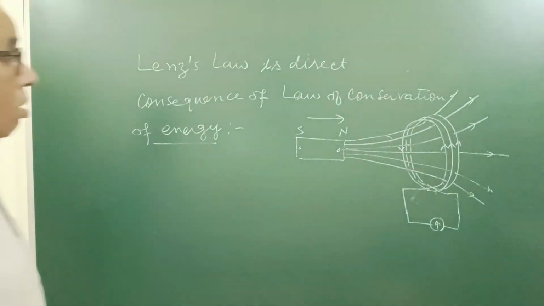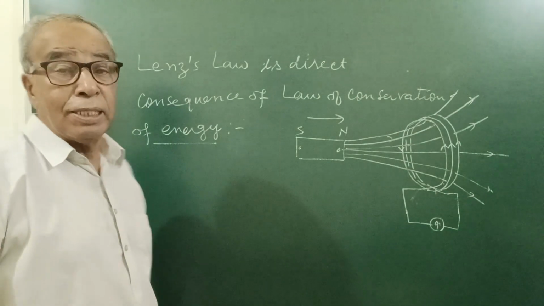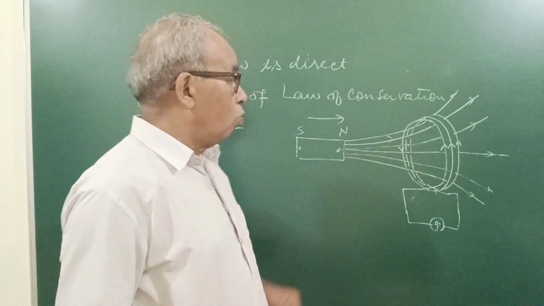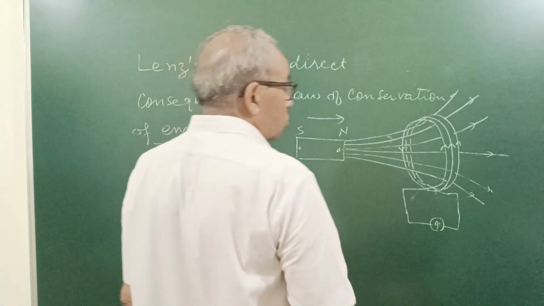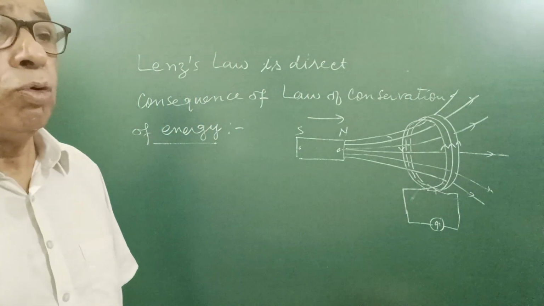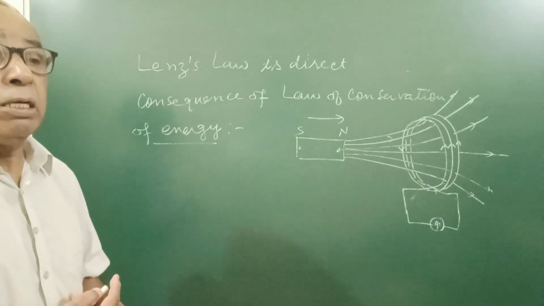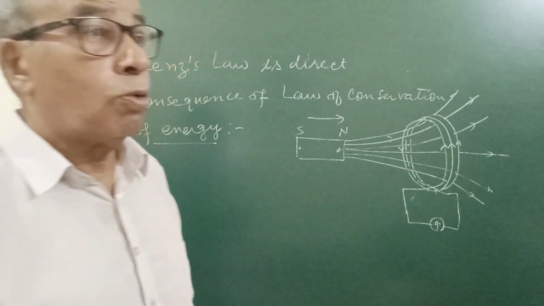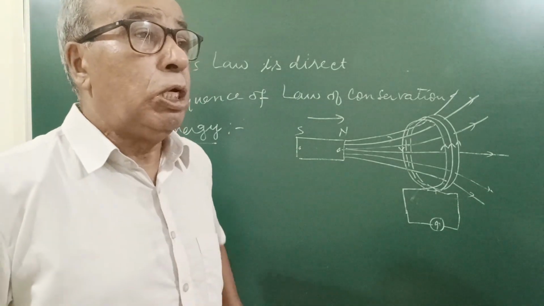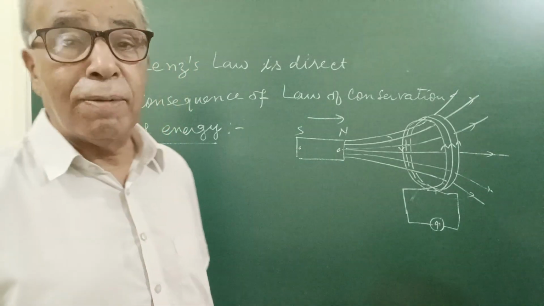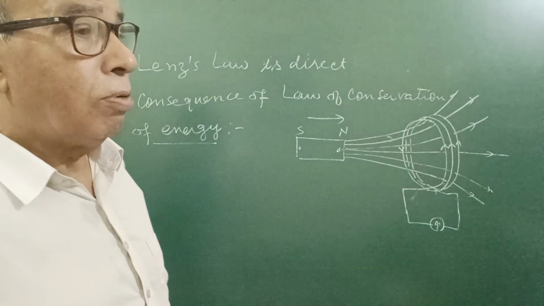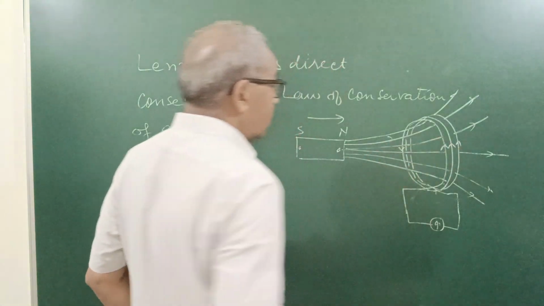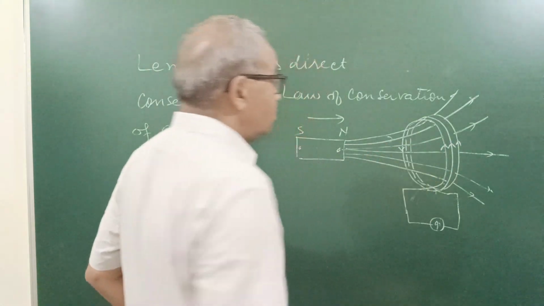Now how does Lenz's law determine the direction of current? Suppose in this figure, a magnet is moved toward the loop. The ultimate cause of induced EMF or induced current is the cause by virtue of which it is produced. So what is the ultimate cause of induced EMF or current? Change of magnetic flux. So here when we bring the magnet close to the loop, the flux increases.